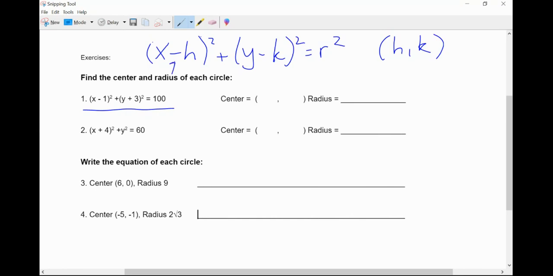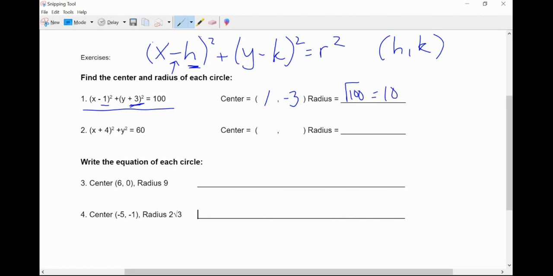So if there's a minus there, then we just take the h. If there's a plus there, then it's actually a negative that the h is. So if we have -1, the center is +1. And if we have +3, then we have -3. So notice how it's opposite. Okay, what's the radius? The radius is square root of 100, or 10.